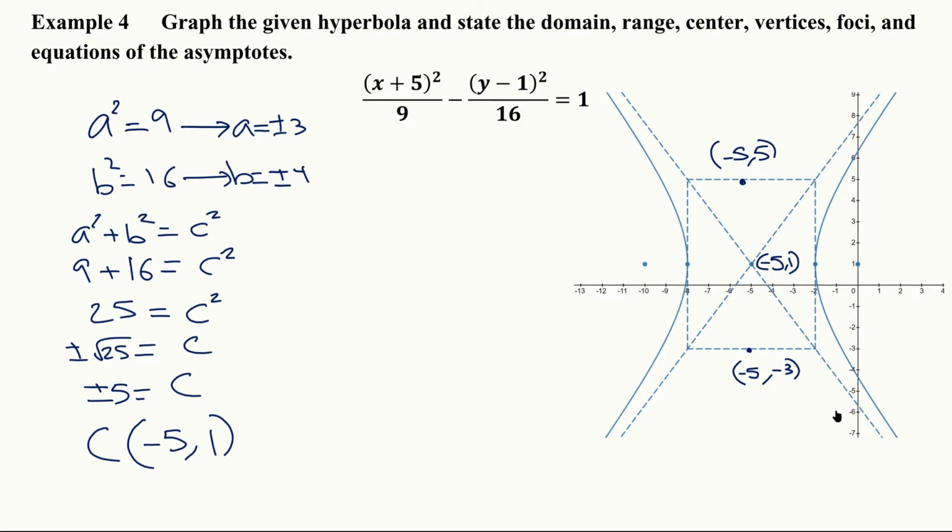Then draw your asymptotes and then draw your hyperbola. Of course, what you need to know is whether it's going to be left-right or up-down. And you know here, because the x is the positive one, that it's going to be a left-right hyperbola. Well, I demonstrated that backwards, but you know what I mean. All right.